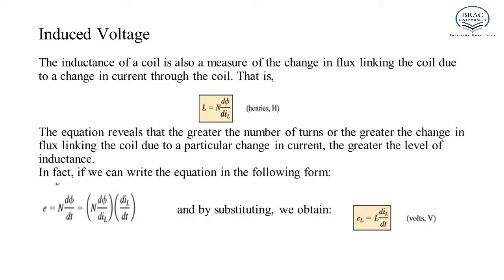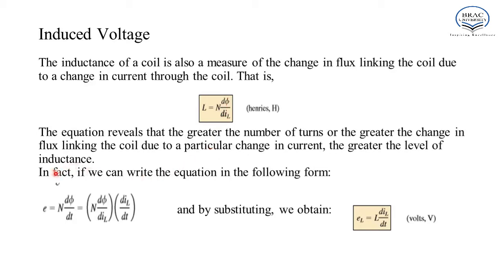Induced voltage. The inductance of a coil is a measure of the change in flux linking the coil due to a change in current through the coil. That is, L equals N d phi by di. The equation reveals that the greater the number of turns, which is N, or the greater the change in the flux linking the coil due to a particular change in current, the greater the level of inductance.